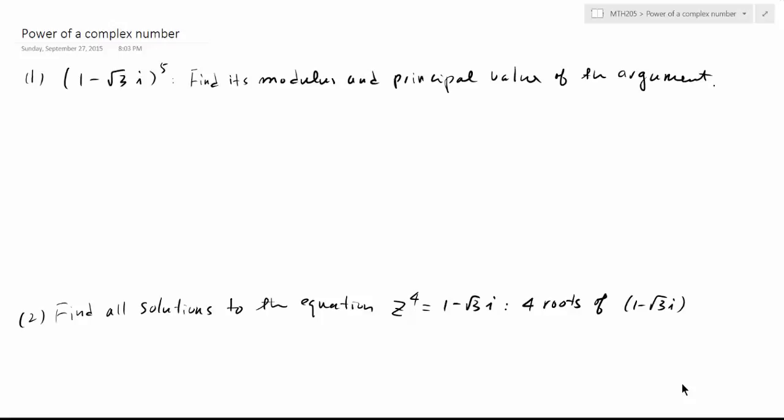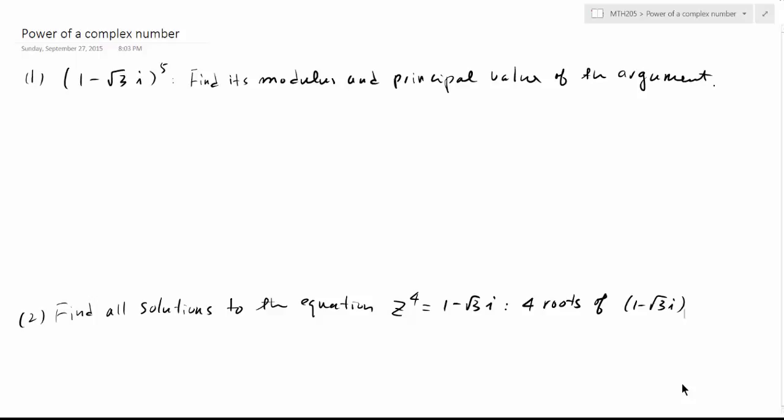Now we look at how we use the polar form of a complex number to find its power or roots. Okay, so let's first look at the problem of finding the power. And we have the general guideline.